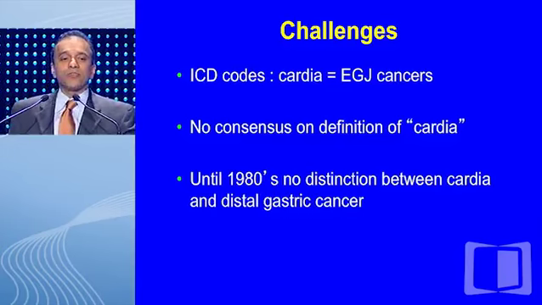The challenges that we face when we look at adenocarcinomas are that the ICD-9 codes use the term interchangeably of what's cardiac cancers and GE junction cancers.